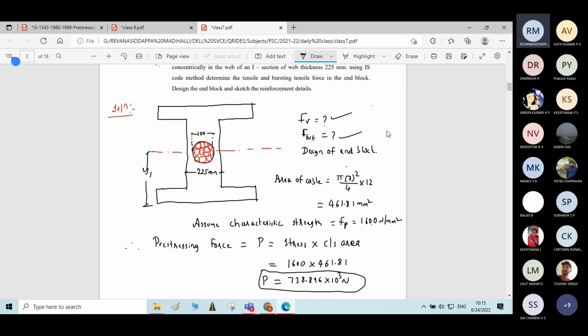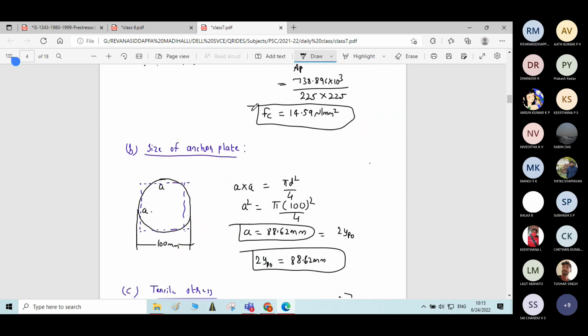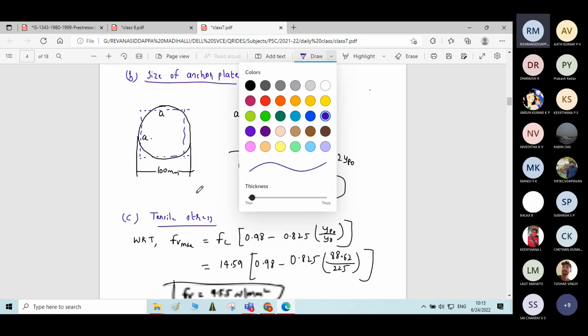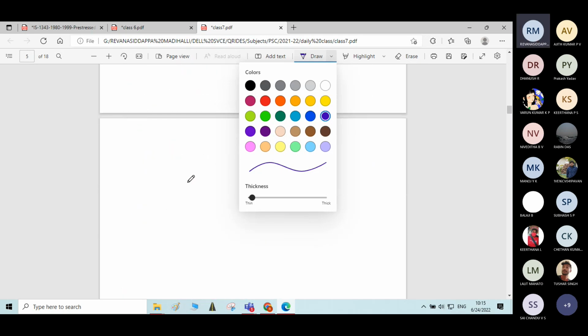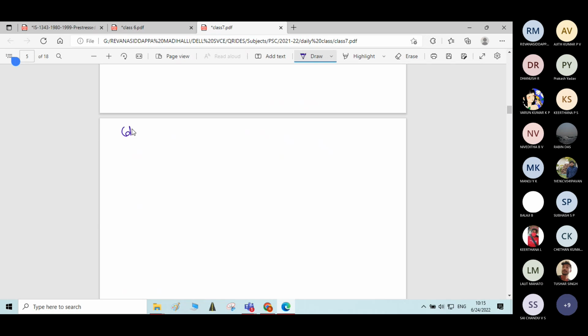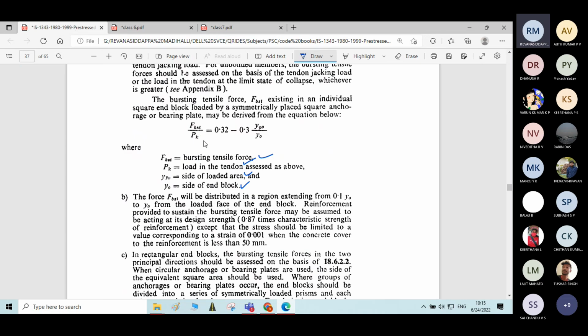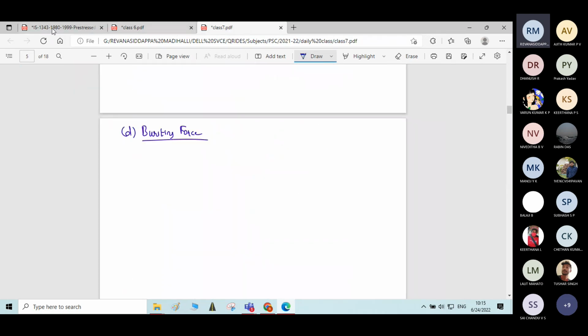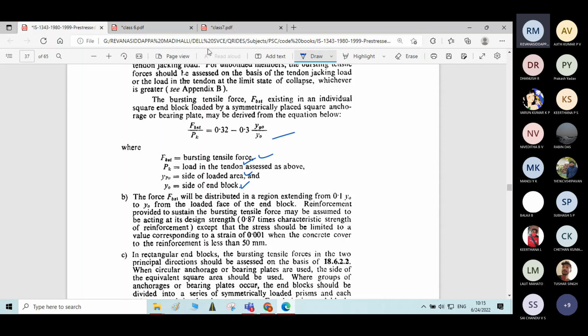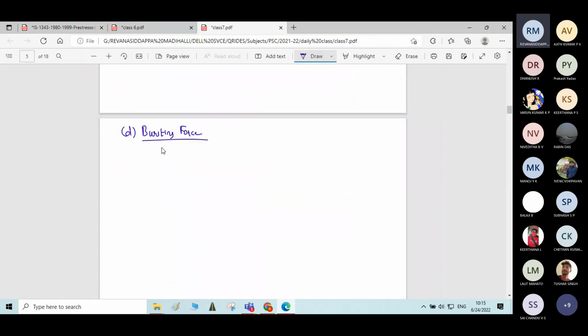Then what next? The bursting force that we can find now. The next step, step D, is the bursting force. We have the formula in the code book. Let me copy this same formula.